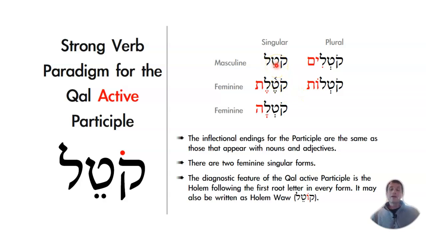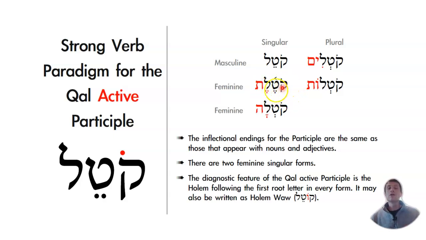Now the paradigm for a qal participle is a holam after the first root consonant, followed by a tsere in the masculine singular. So it's O-A. In the plural, that second vowel is going to reduce. We have ko-talim. So kotel, kotalim. The feminine singular, there's two ways in which a feminine singular participle could be vocalized.